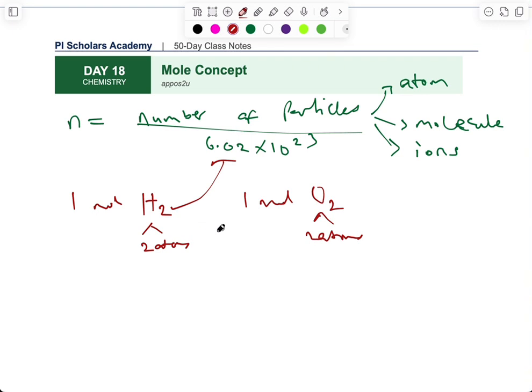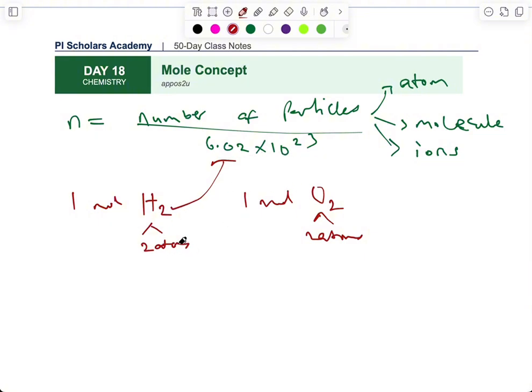However, how many atoms will be present there? Because per molecule, you have 2 atoms of hydrogen there. So since in 1 mole you have 6.02 times 10 raised to power 23 molecules, you are going to have 2 times 6.02 times 10 raised to power 23 atoms.